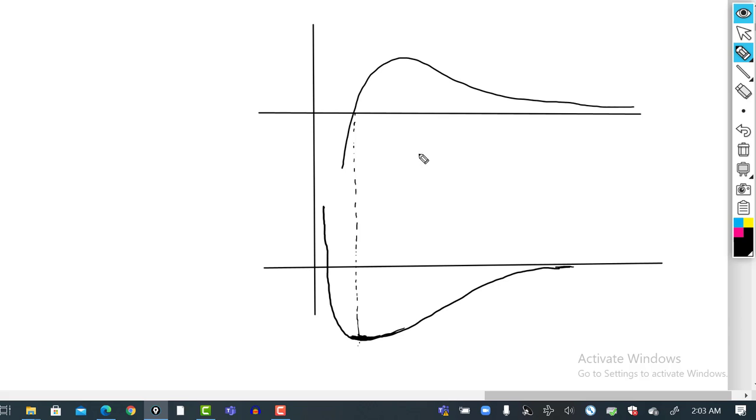As you can see, this is the net force, and this plot is the energy, that is E of r or U of r, both are correct.